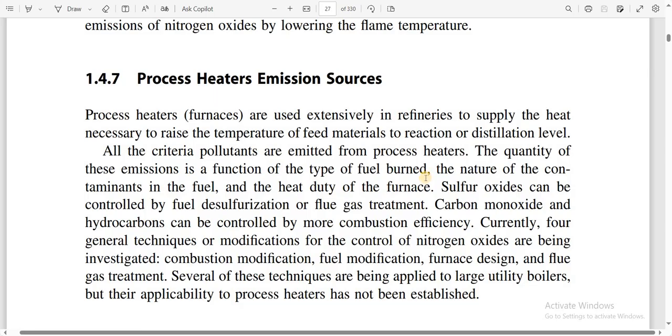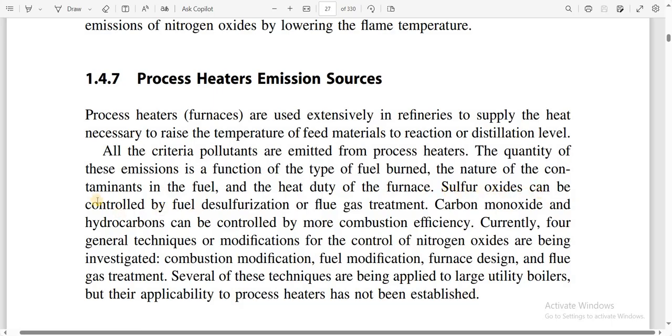Yes, correct. Whatever fuel is burned and the oxygen level can determine the pollutant level in the process heater. That's what I'm observing. It also depends on the nature of the contaminants in the fuel and the heat duty of the furnace.